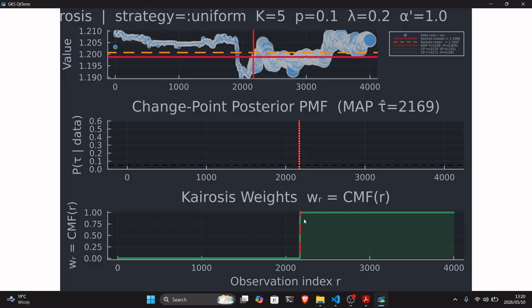As you can see, there's far more interesting change point posterior dynamics. Now, when you look, strategy is uniform: k equals 5, p equals 0.1, lambda equals 0.2, and alpha cap equals 1.0.